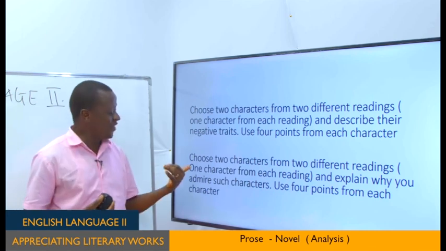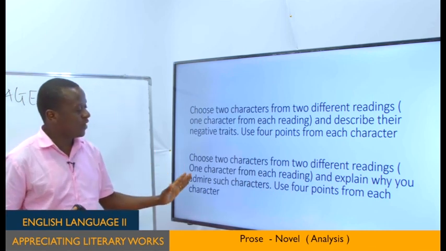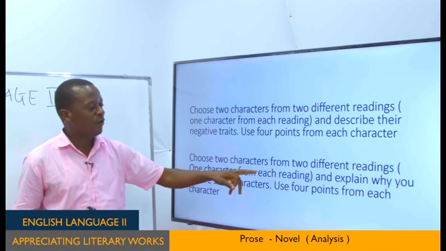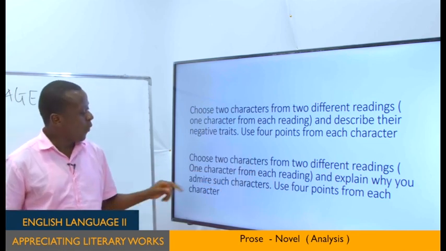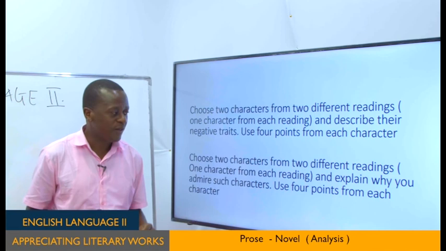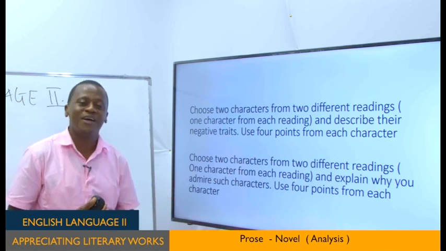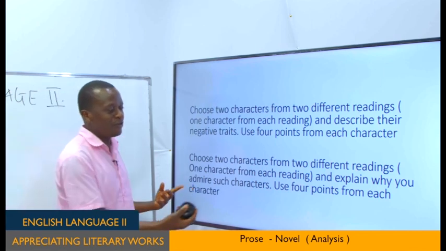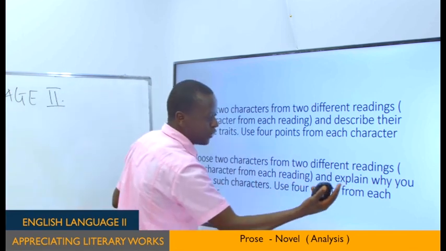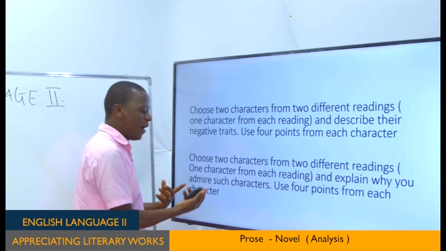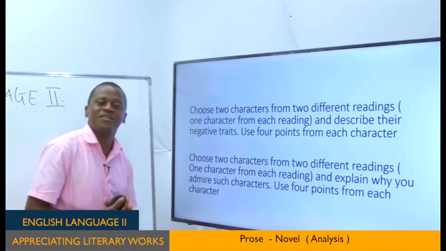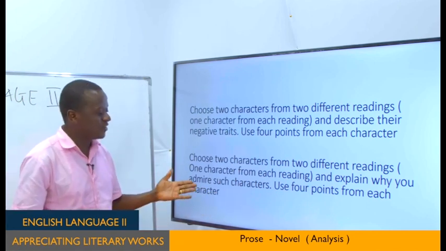Students, with the next question, choose two characters from two different readings, one character from each reading, and explain why you admire such characters. Now, with this one, you need to explain or give reasons why you admire, why you like such characters.